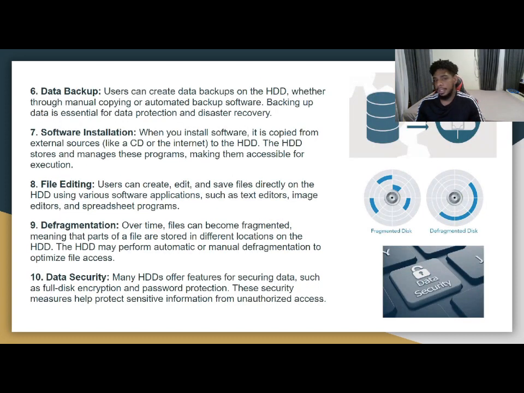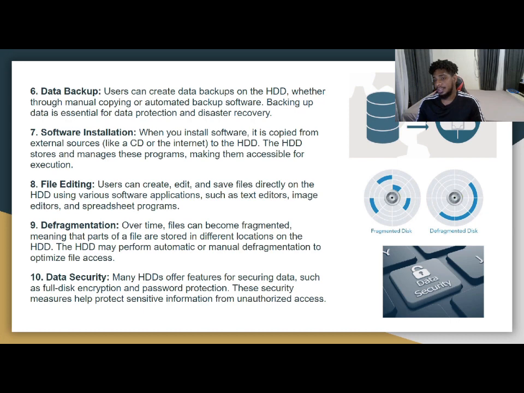Number six is data backup. Users can create data backups on the HDD, whether through manual copying or automated backup software. Backing up data is essential for data protection and disaster recovery. Number seven is software installation.